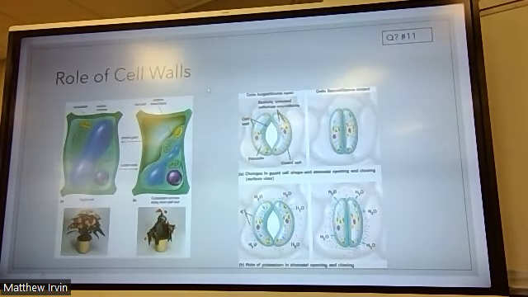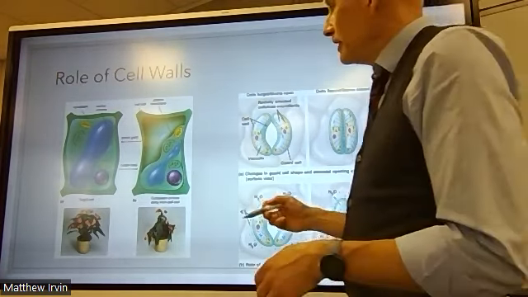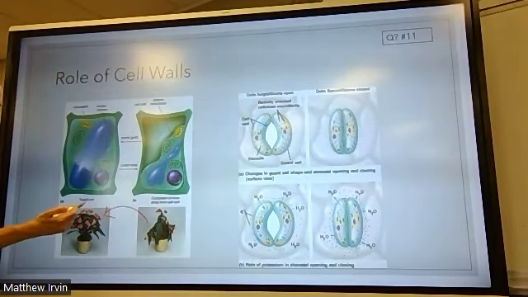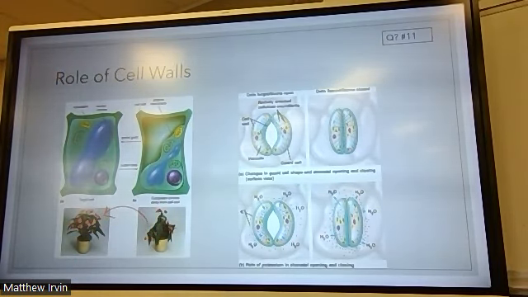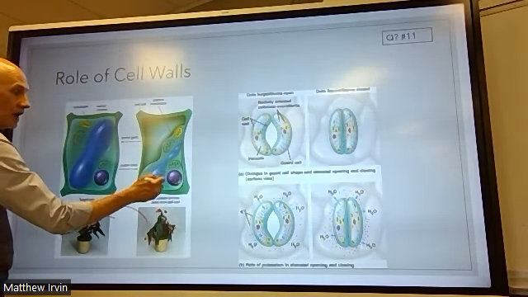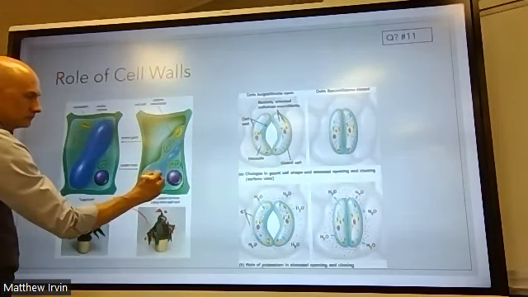All right, role of cell walls is what? Structure, protection. And so then what's happening here between this plant from here to here? It is turgor pressure, right? So you've got salt in here.